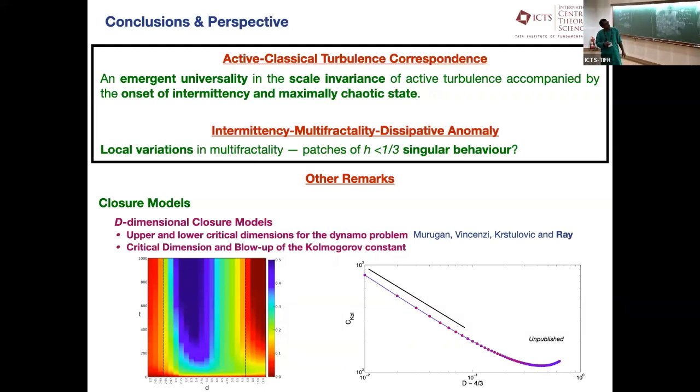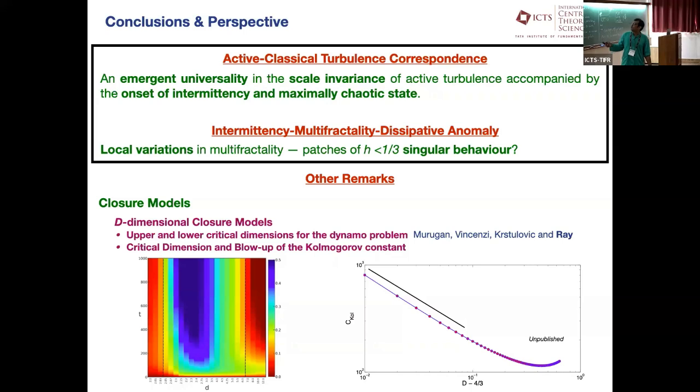This is with Sugan, Dario, Giorgio. We've looked at the D-dimensional closure model for MHD, and this is the first set of plots that we have, in the spirit of the Kuznetsov model, where you make similar plots in the compressibility phase.